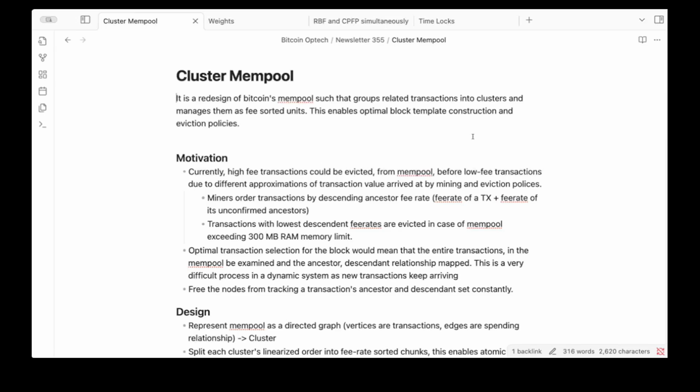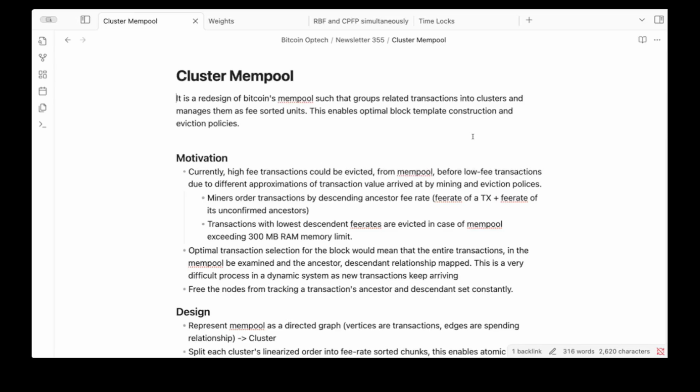Whereas the mempool's eviction policy looks at it in a slightly different way. Transactions with the lowest descendant fee rates are evicted from the mempool. Now there can be a case where a transaction and its ancestors have a low total fee rate, but some of its descendants pay for them or RBF them to a higher fee rate.